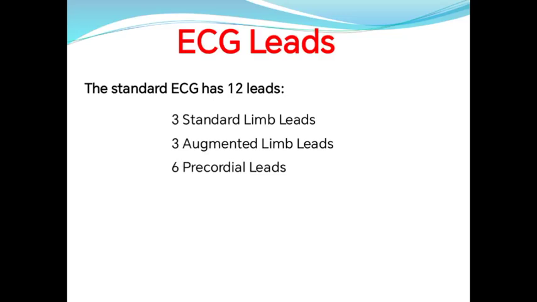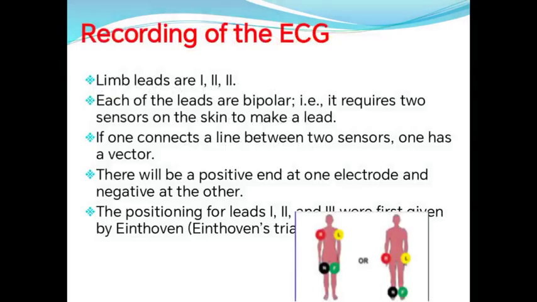The standard limb leads are bipolar, the augmented leads are unipolar, and the precordial leads are all unipolar. Here we will see how we record the ECG. These are the limb leads, leads 1, 2, and 3, the standard leads.